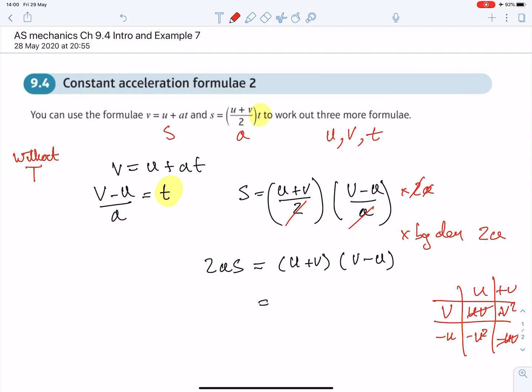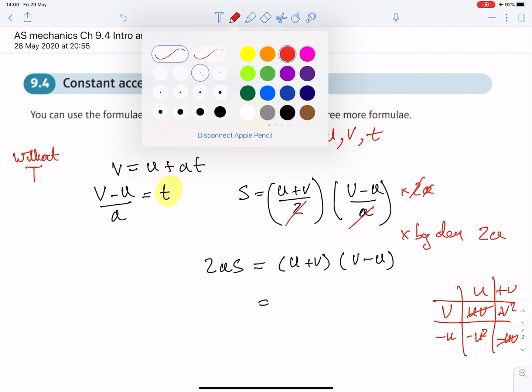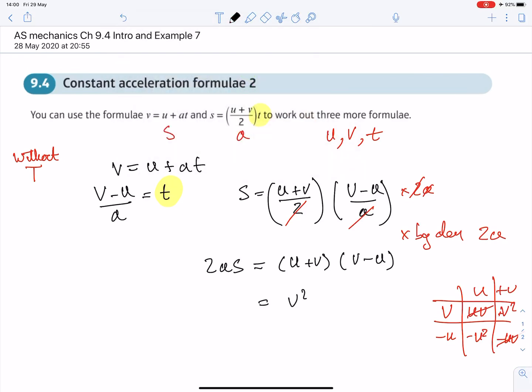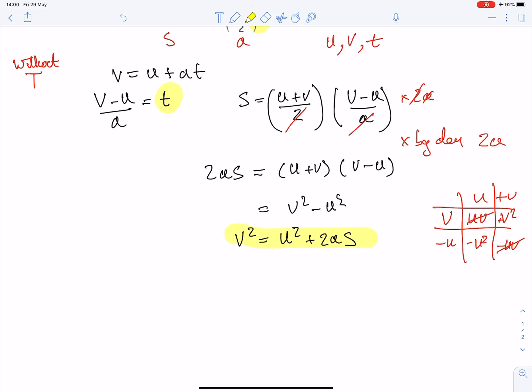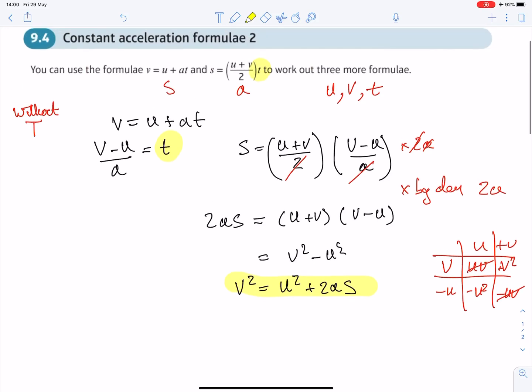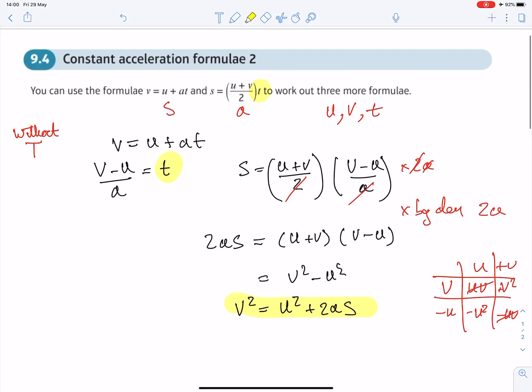These cancel, so the right hand side becomes v squared minus u squared. We usually rearrange this equation so we have v squared equals u squared plus 2as, which is the usual form that's given. So that's another one that we will need to learn. So we've now got three equations, one without s, one without t, and one without a.